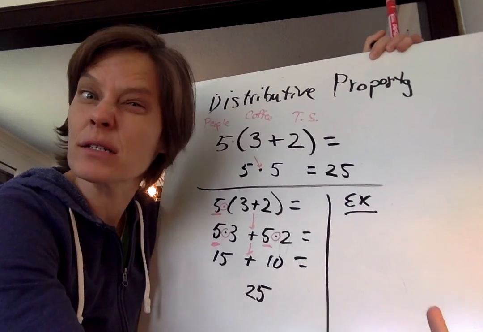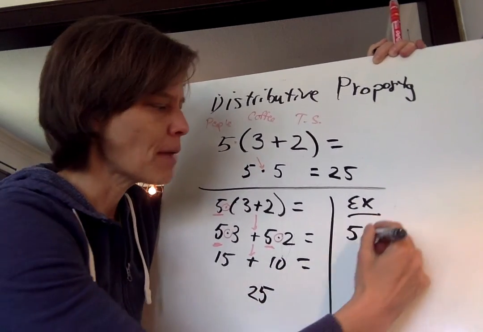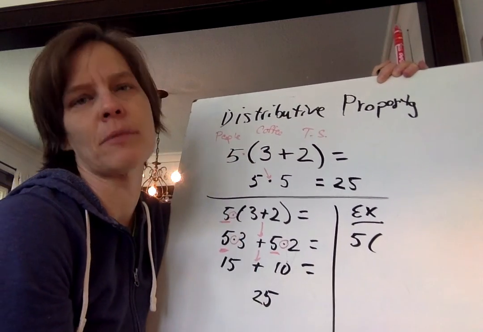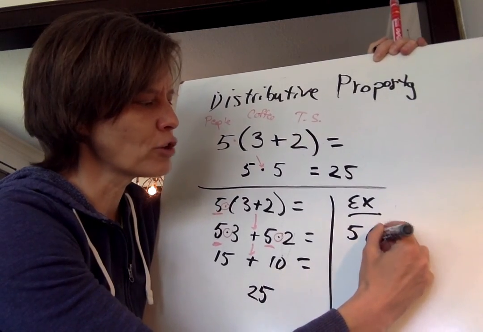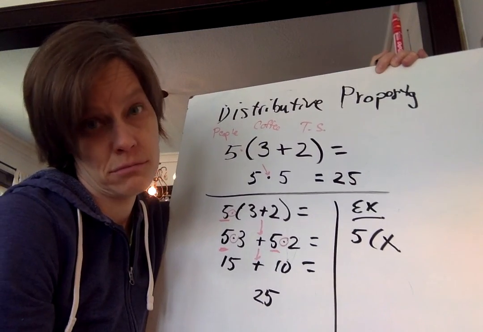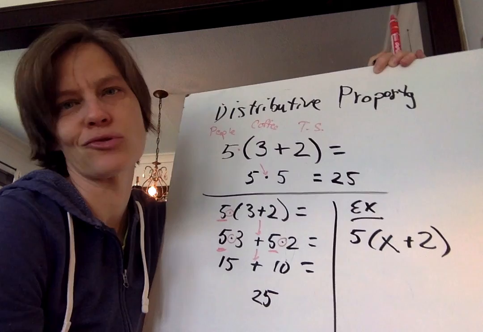What can I expect? Well, I'm still going to have 5 friends come over, but I don't know how much coffee I'm going to drink. I don't know how much coffee any of them are going to drink, but we'll say it's the same. But we're going to give it a variable because we don't know. It's an unknown. But we're still going to each have 2 toaster strudel because I'm kind of strict with my toaster strudel.